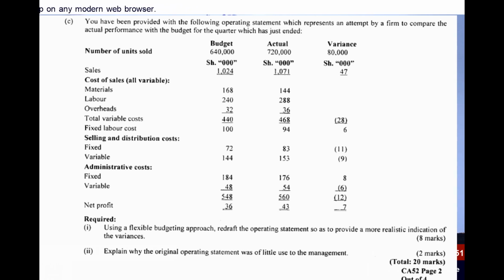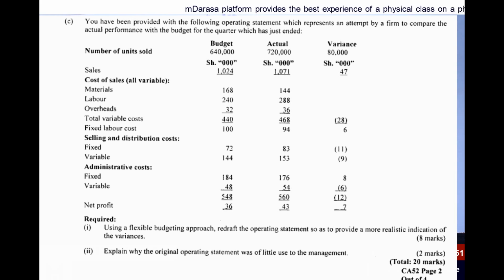That question is going to come from May 2017 question number 3 for the students who are doing advanced management accounting, and the same concept will also be applicable to the students who are doing management accounting section 2. So this is a question that you are going to handle.